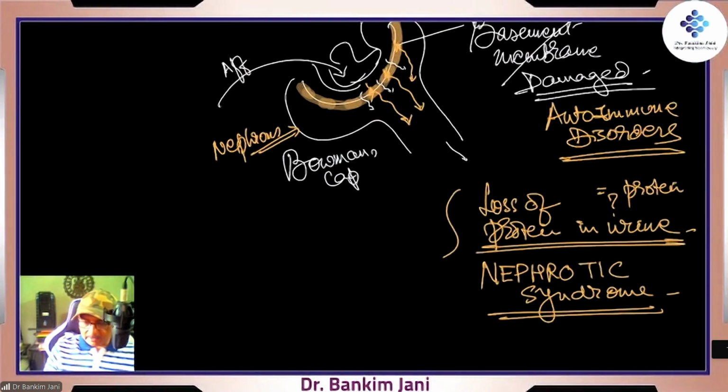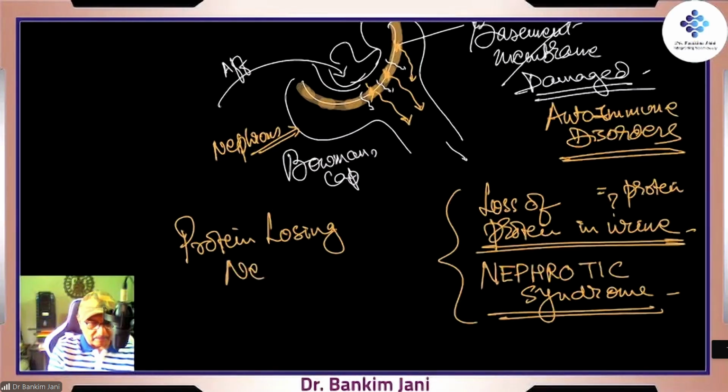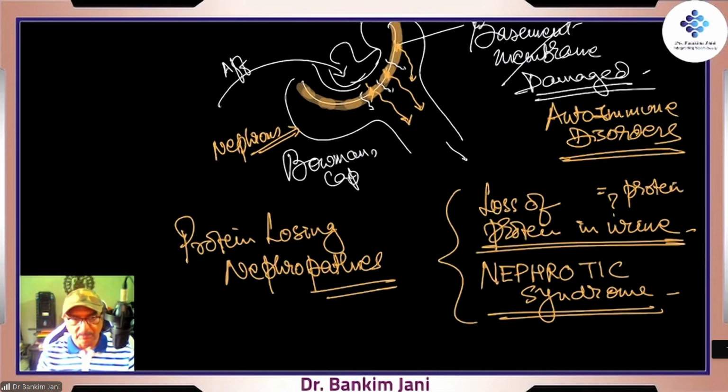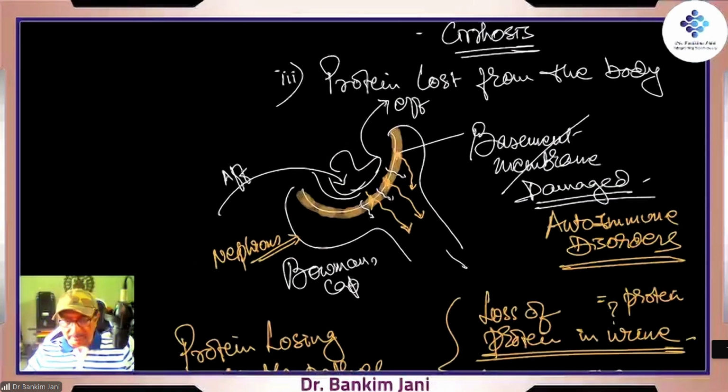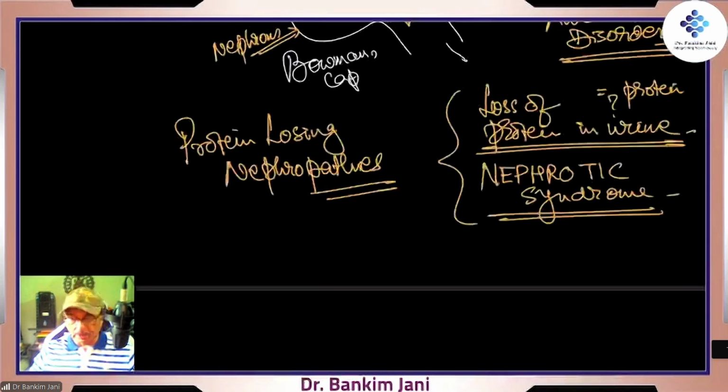All these collectively are called as the protein losing nephropathies. Nephropathy means kidney disease. So body is losing protein. Now in this case, this is the overall loss.